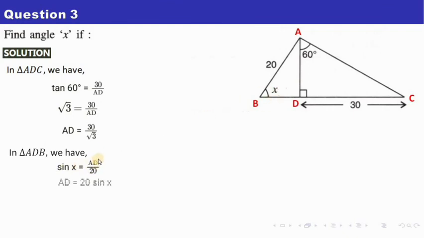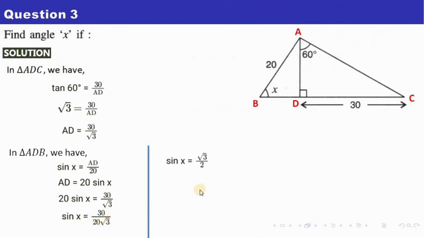From here AD turns out to be 20 into sin x, by cross multiplication. Let us put the value of AD. AD is 30 by root 3, which equals 20 sin x. From here this 20 goes over there in the denominator, so we have sin x equals this much. After cancellation you will find that this equals root 3 by 2.